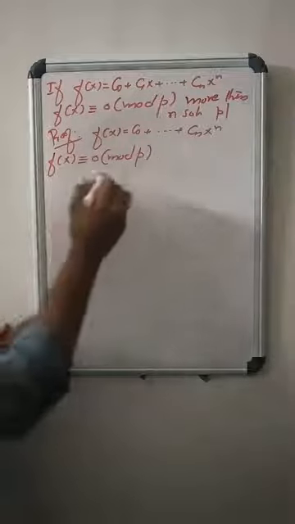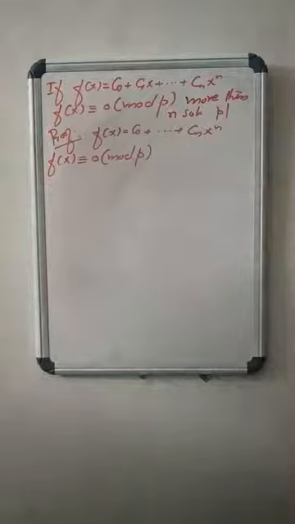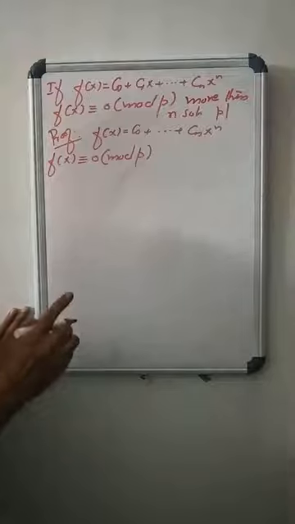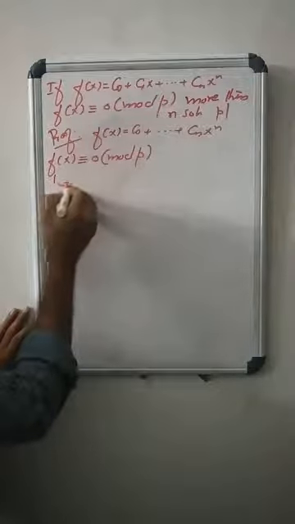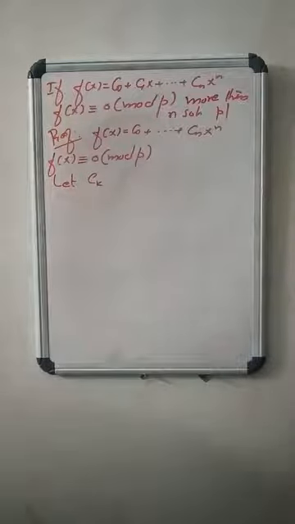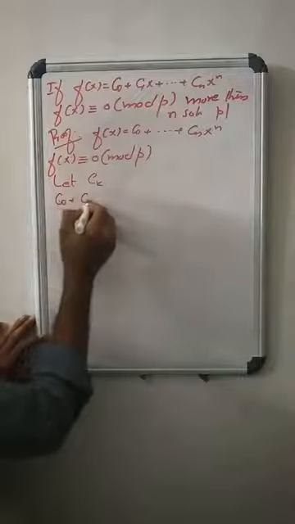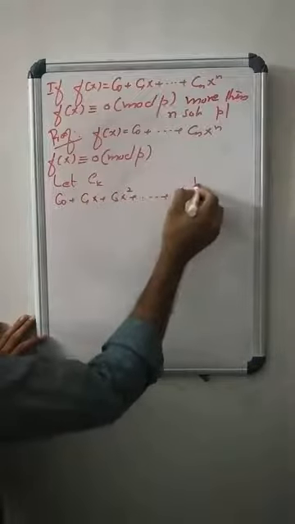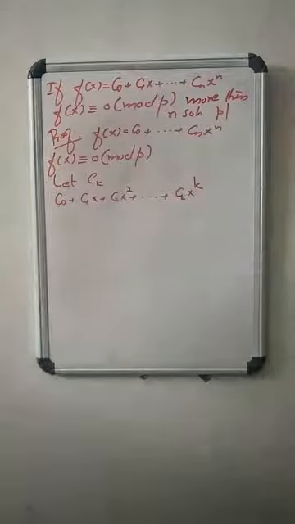Suppose some coefficient is not divisible by p, that is, p does not divide some of its coefficients. That is our assumption. Let ck be the coefficient with the largest index that is not divisible by p, and consider the polynomial c0 + c1x + c2x^2 + ... + ck x^k.